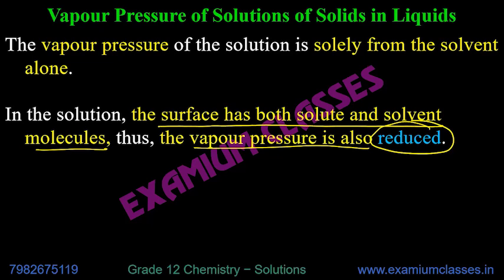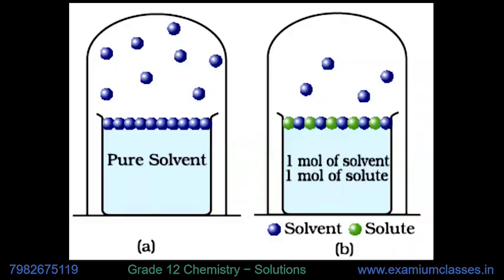So the vapor pressure of the solution is less than the vapor pressure of the pure solvent. In the pure solvent, all molecules have a tendency to get vaporized, but here a fewer number of molecules have the tendency. So the vapor pressure is reduced.